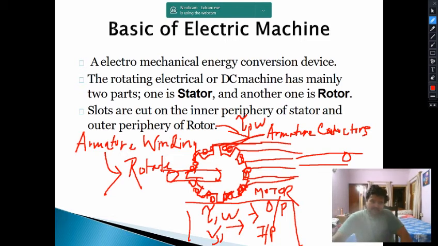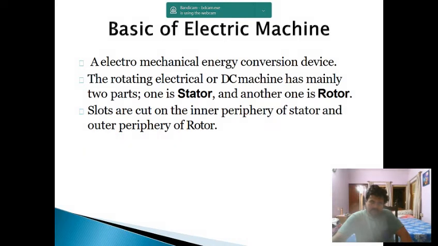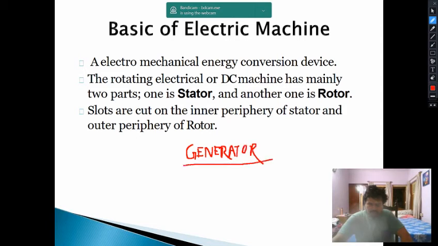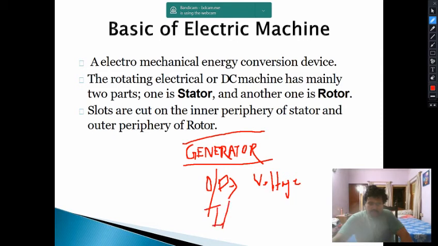So what is the case of a generator? So in case of a generator, your output will be voltage, and what will be your input? Your input is mechanical energy, that means the torque and the speed.